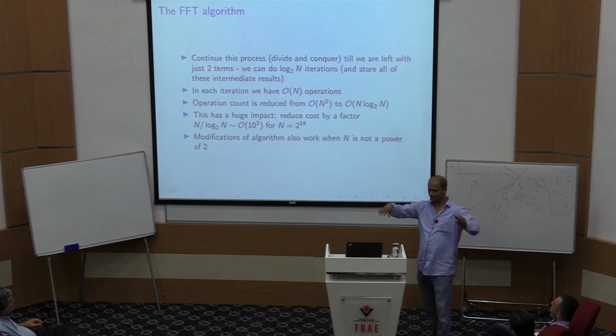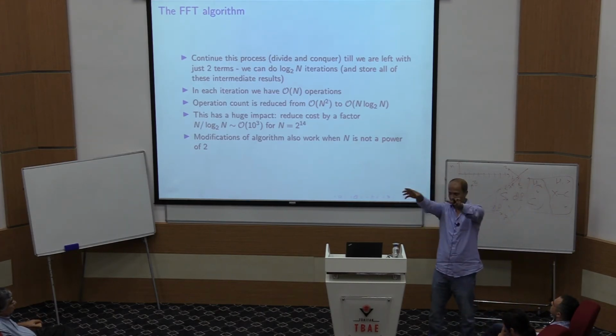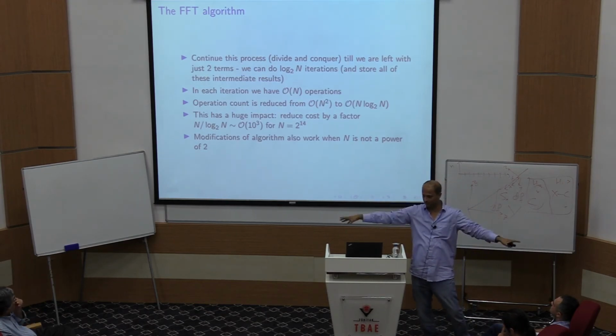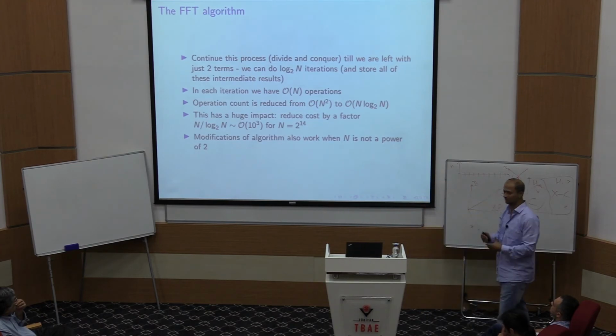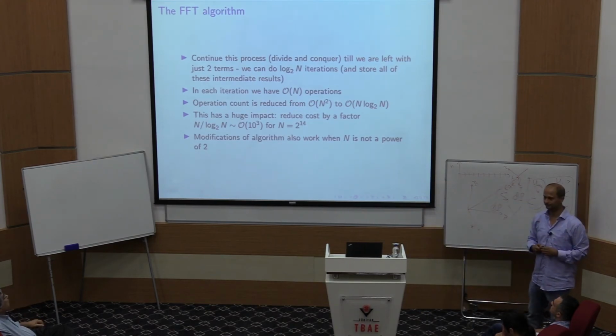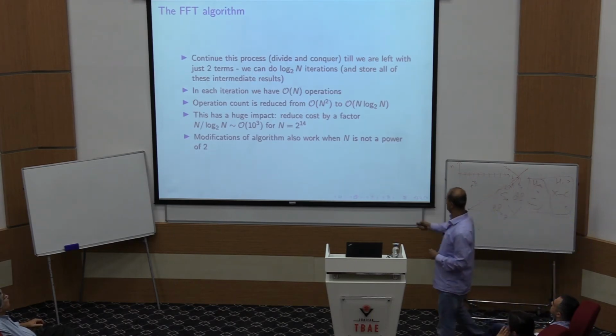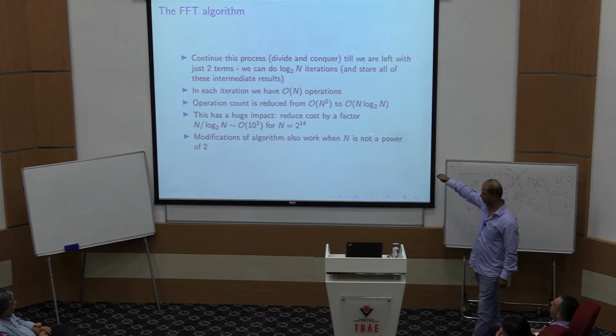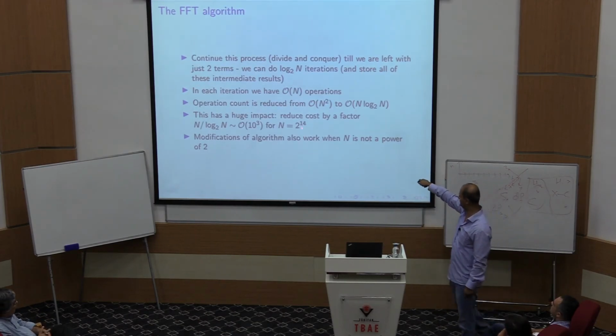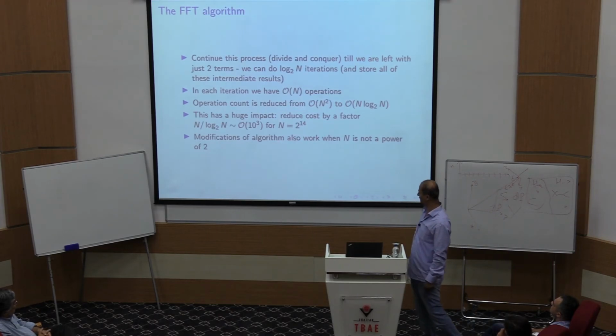So this is divide and rule, right? You have a big problem, break it up into smaller pieces, smaller pieces, smaller pieces, and at the end you get a simple problem that is much easier than the full big problem. And this is a huge, huge impact. For example, if n is 2 to the 14, the ratio of n to log of n to the base 2 is about 10 to the 3.